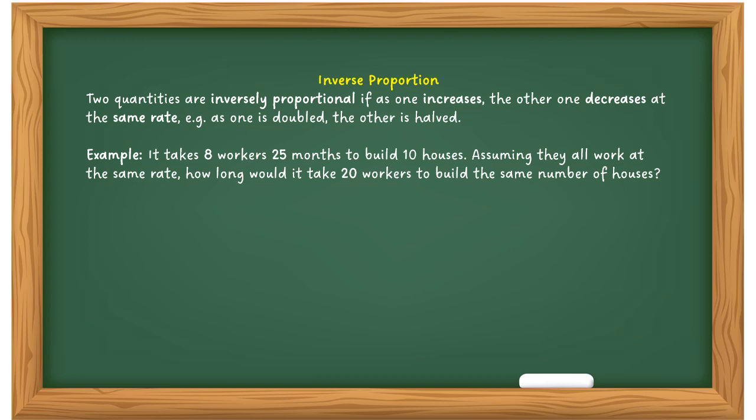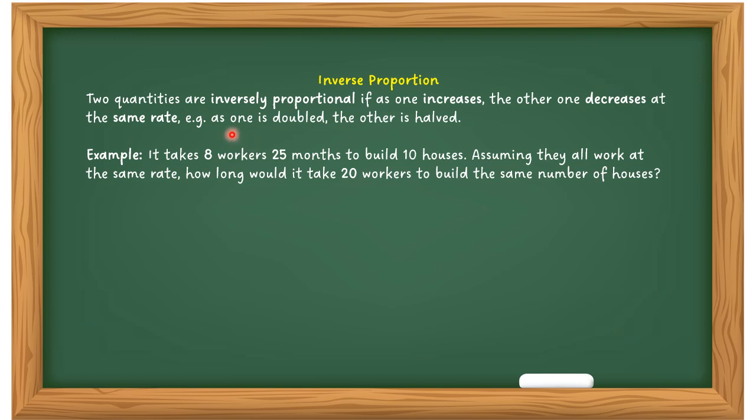Now this is where you have to stop and think about this type of question, because the biggest mistake people make is they take this 25 and divide it by 8. If you think about it logically, if it took 8 workers 25 months, you have to multiply it, because it would take the worker 8 times longer, so it would be 8 times 25.